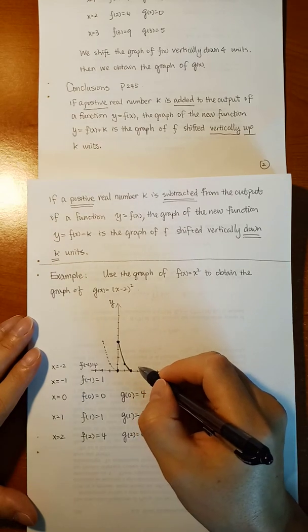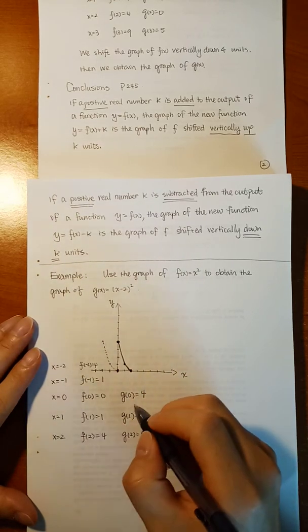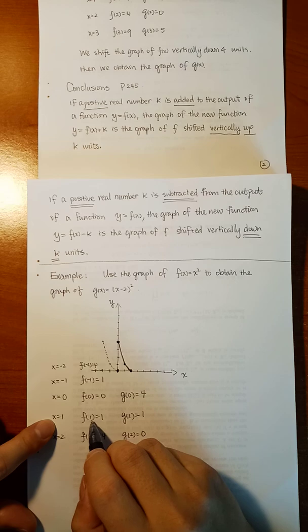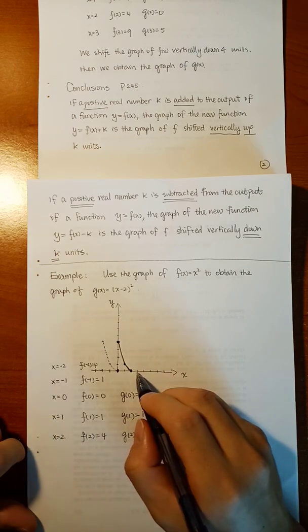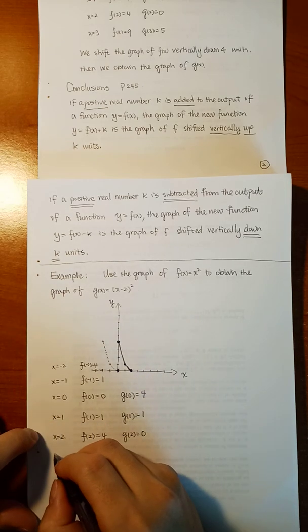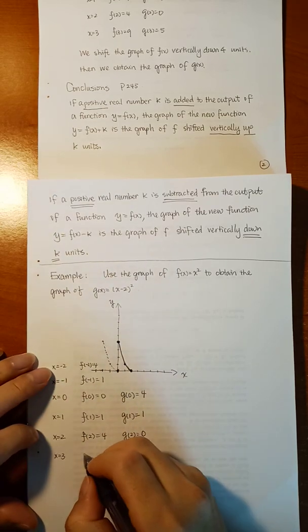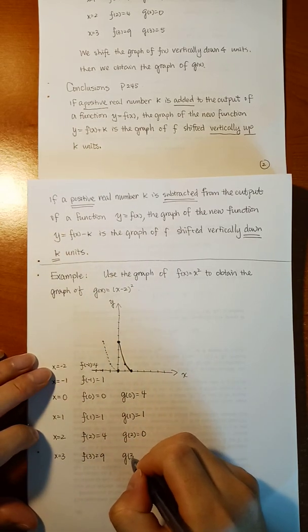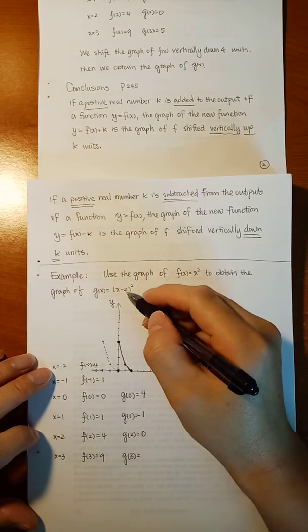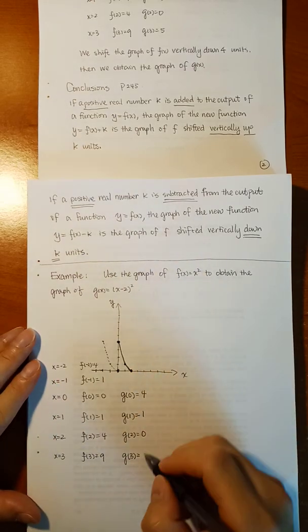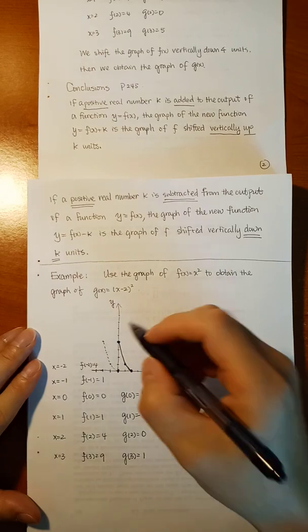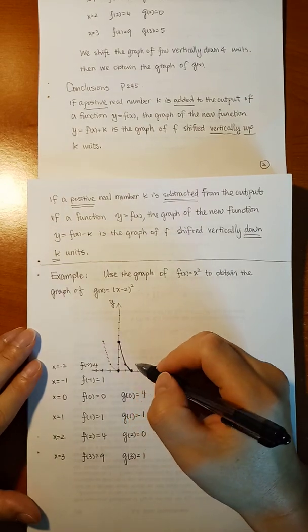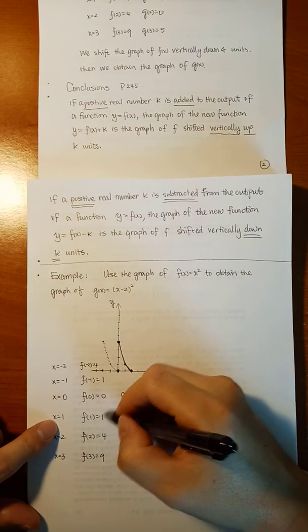And if you continue this, let's check. When x is equal to 3, f of 3 is 9. It's already very big. And g of 3 is 3 minus 2 is 1. 1 squared is 1. Can I draw 9? F of 1 is 1.